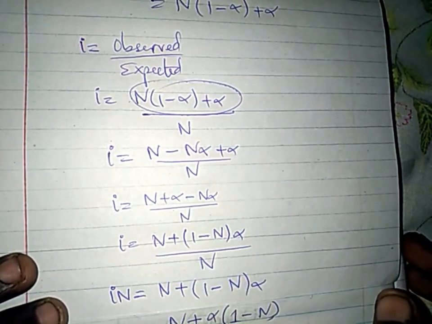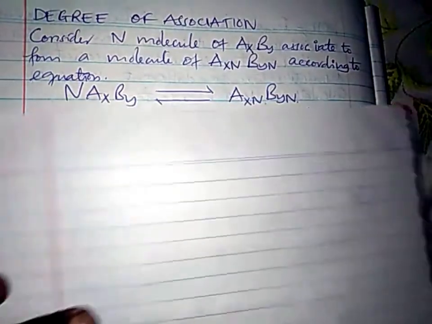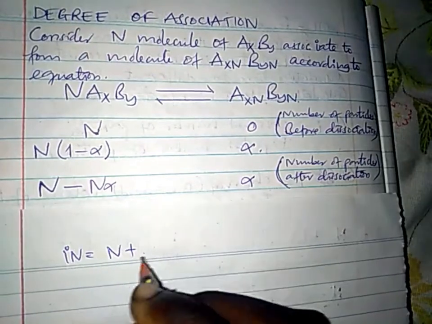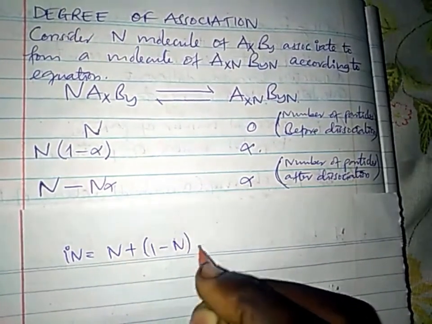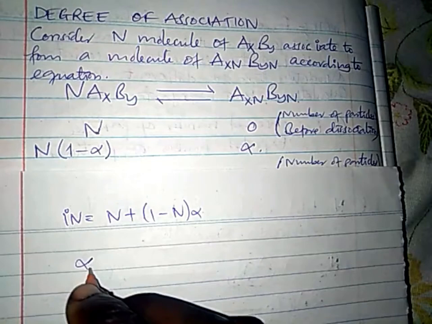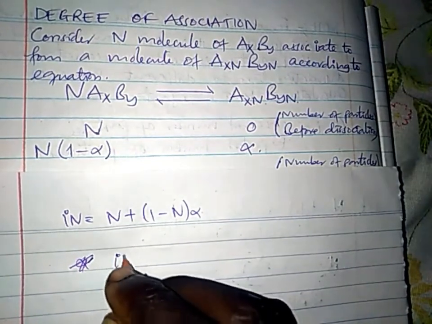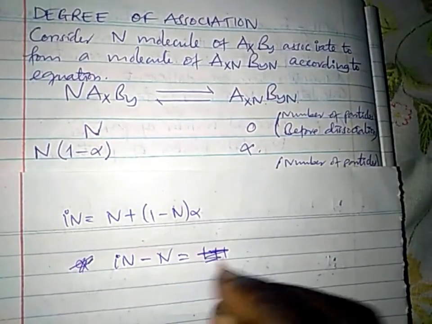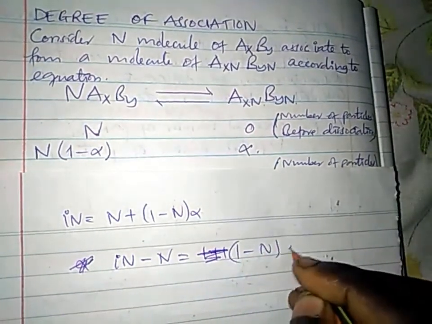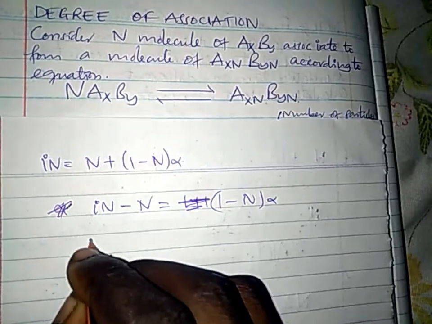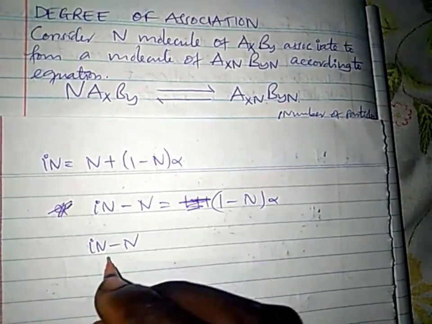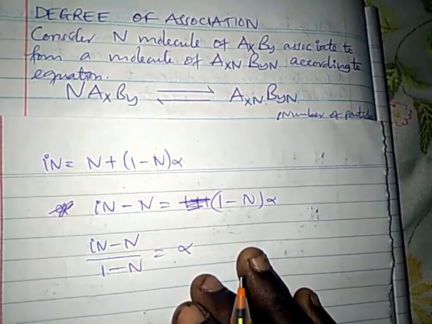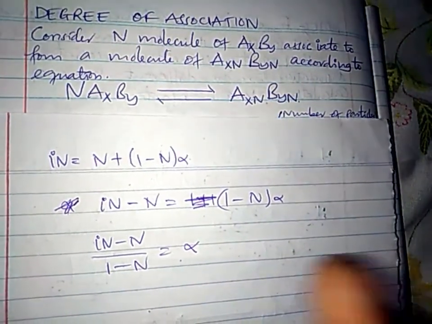Tunakakua degree of dissociation hapo, degree of dissociation. So itakuwa ni Vantage Factor n is equal to n plus 1 minus any degree of dissociation. So Vantage Factor n minus n will be equal to 1 plus 1 minus any degree of dissociation. So it is Vantage Factor n minus n divided by 1 minus n is equal to degree of association.